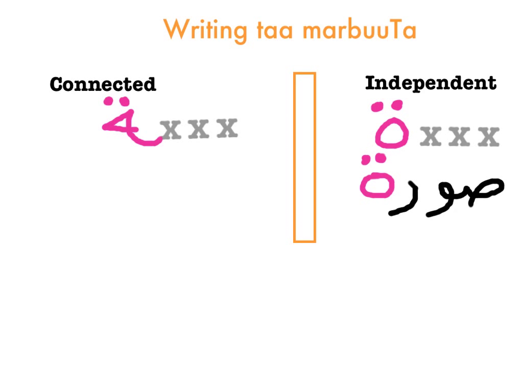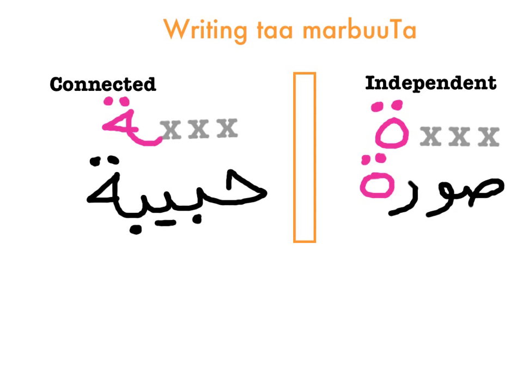A good example for the connected form is the word habiba. As you can see, ta marbuta only comes at the end of words.